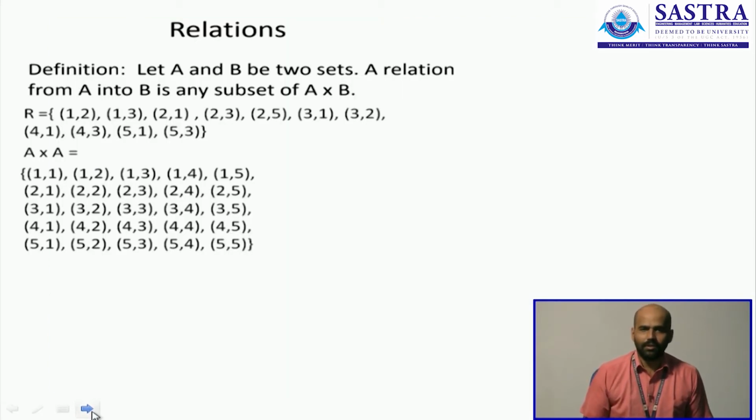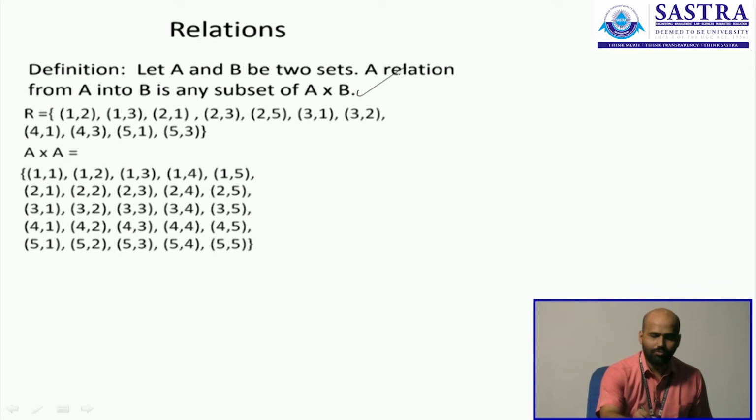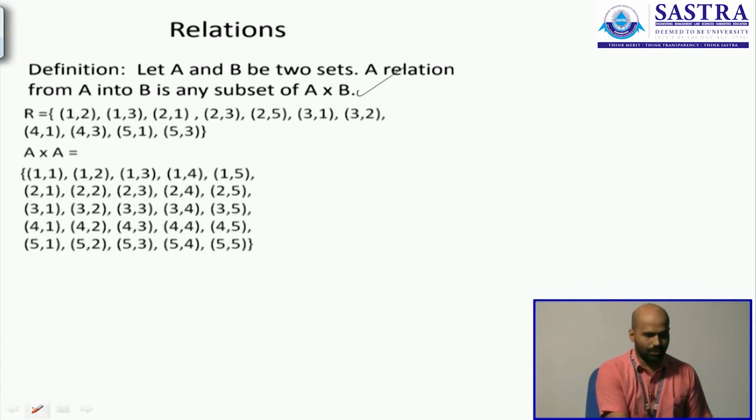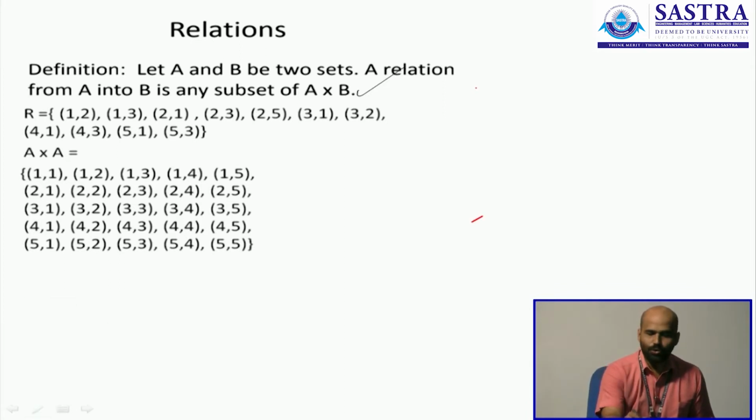Let A and B denote two non-empty sets. A relation from A to B is a subset of A cross B. Now this A cross B is what you call as the Cartesian product.